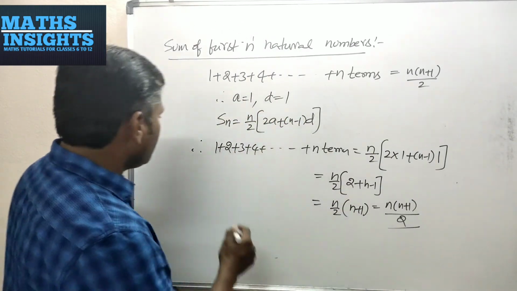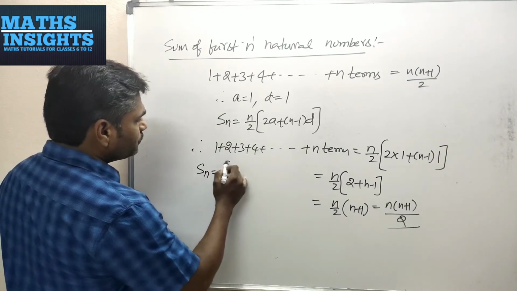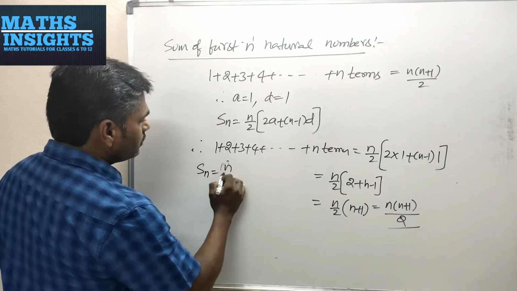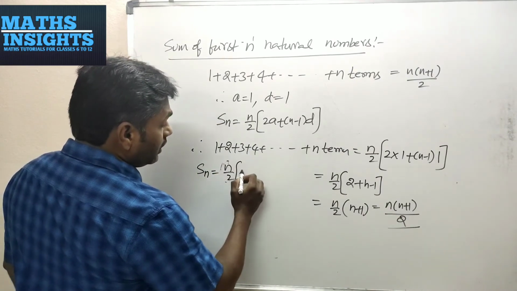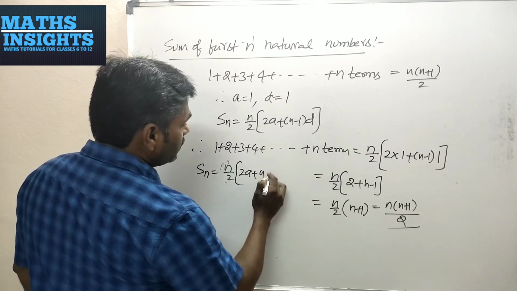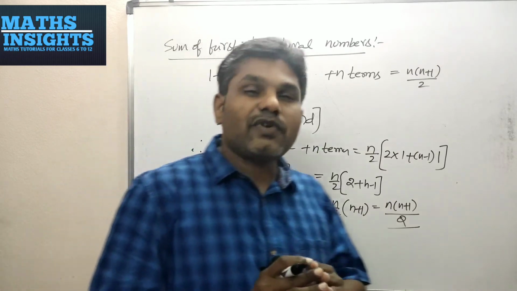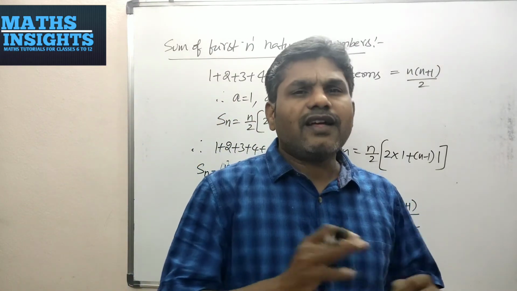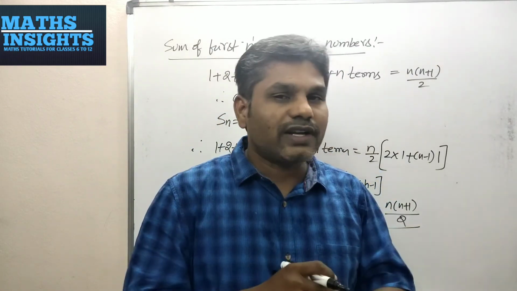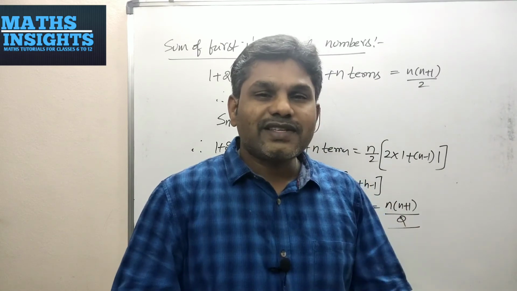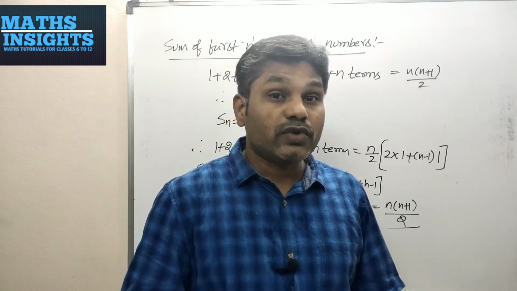And see, Sn is equal to n by 2 into 2a plus n minus 1 into d. This is a well known formula to you. If you know the last term of the arithmetic progression, last term or nth term, both are equal. You know the nth term is a plus n minus 1 into d.